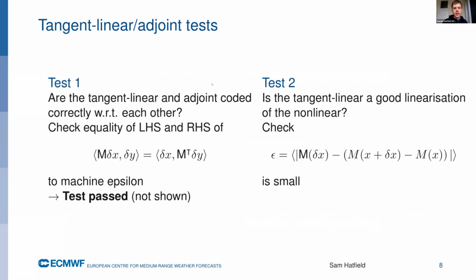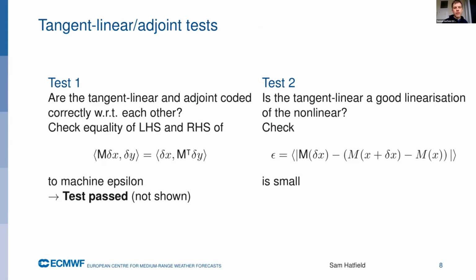So as I said, tangent linear and adjoint models have to obey several relations in order to be valid. The first test here, so we consider two tests whenever we make changes to ECMWF. And the first test is to test whether the tangent linear and the adjoint are coded correctly with respect to each other.